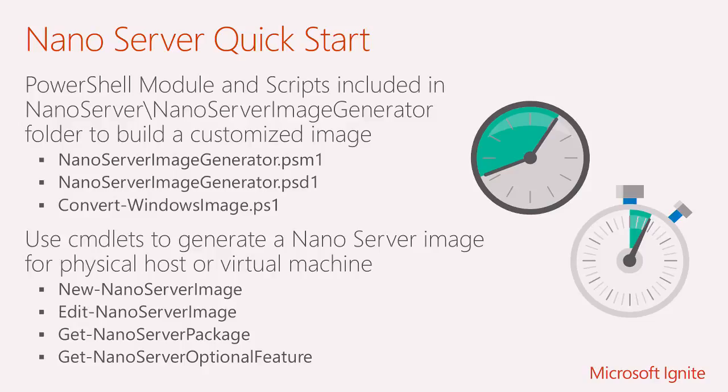With Nano Server, instead, you do all the heavy work before you even get started. Right at the beginning, you say, I want to build an image which has these roles, that configuration, these details. And we will generate an image for you, and that image is good to go. It's ready to run.